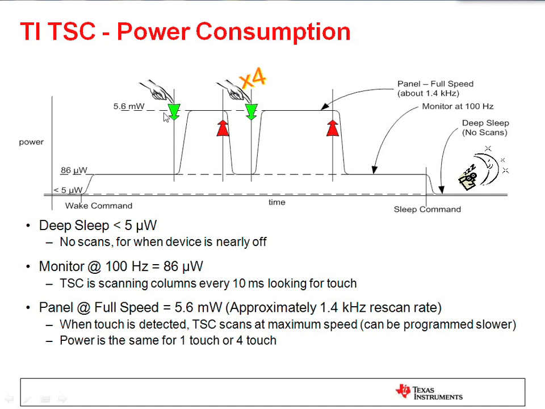Now, if it's 1 touch or 4 touches, it's the same amount of power consumption. So really, it's a very power-efficient device, as you can see. And this scan rate is really going at a 1.4 kilohertz rescan rate. So you can see it's an extremely fast device to get the full panel scan going on.